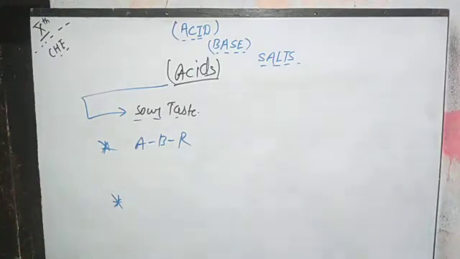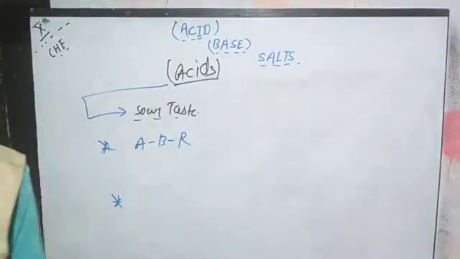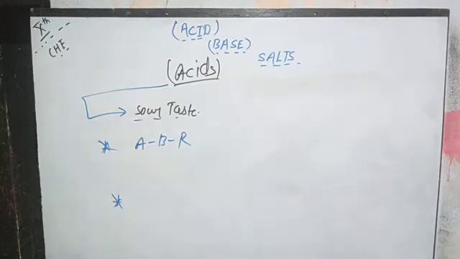For that, I had made one short video and uploaded it on my channel. So you need to visit it to see which types of acids are present in which type of naturally occurring material or substance. So the major thing that we studied here is that it gives a sour taste and it turns blue into red.